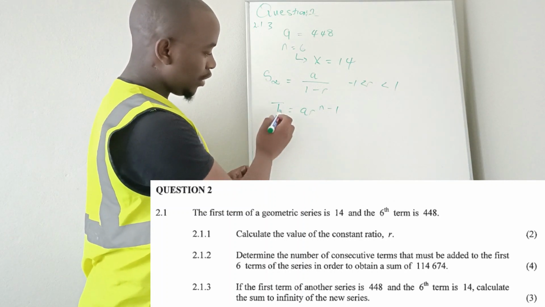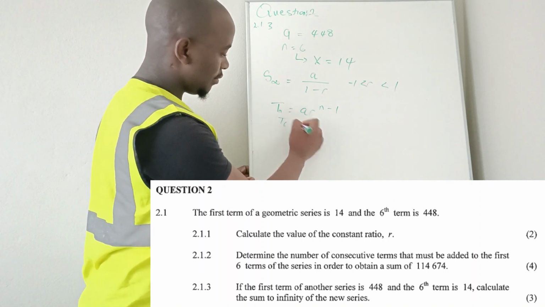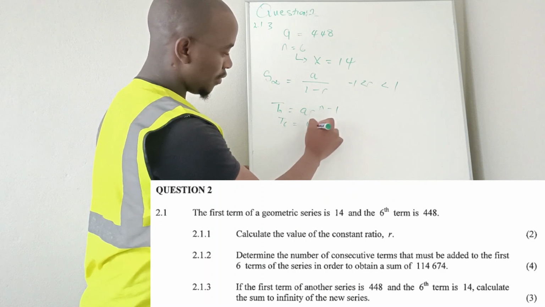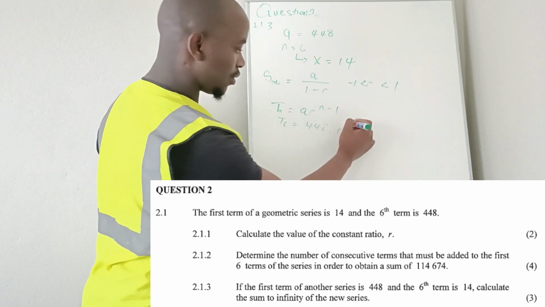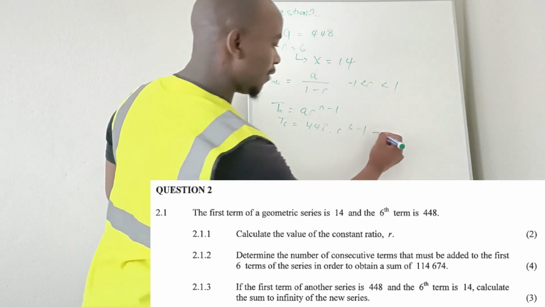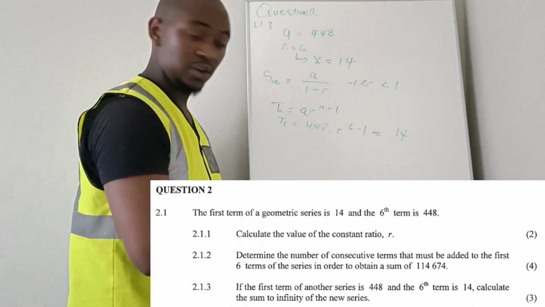For n equals 6, we have T6, 448 times the ratio to the power of 6 minus 1, and the answer is 14.